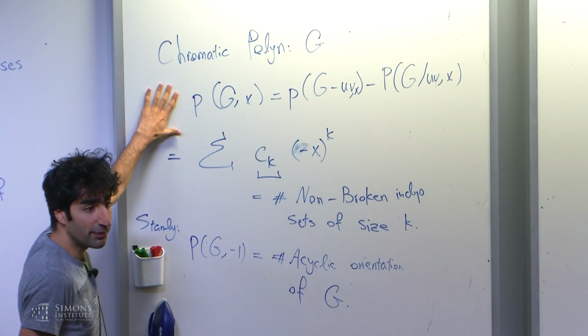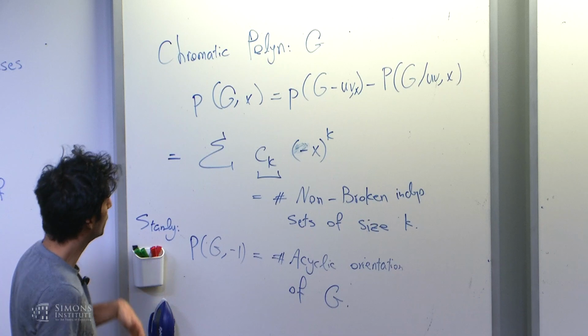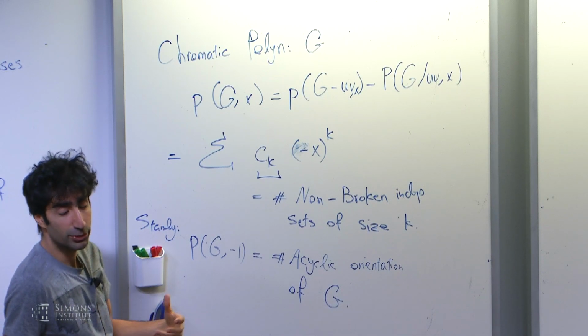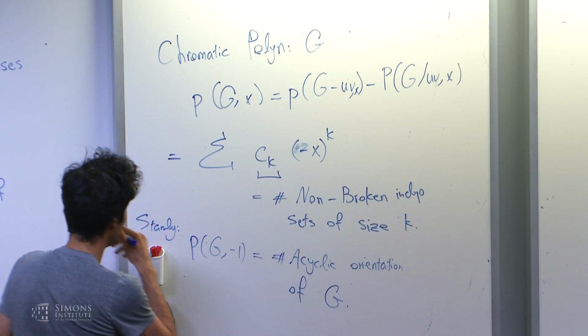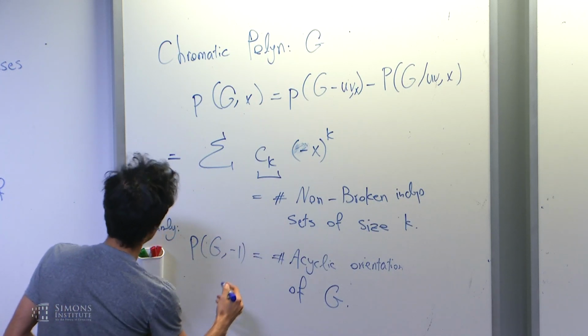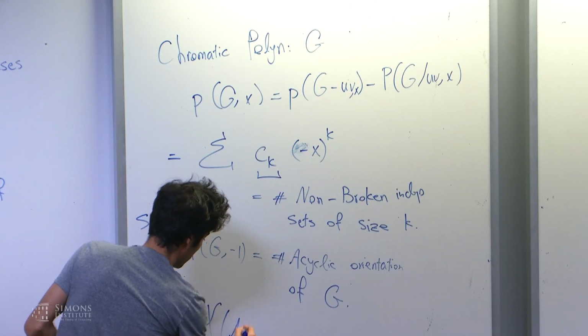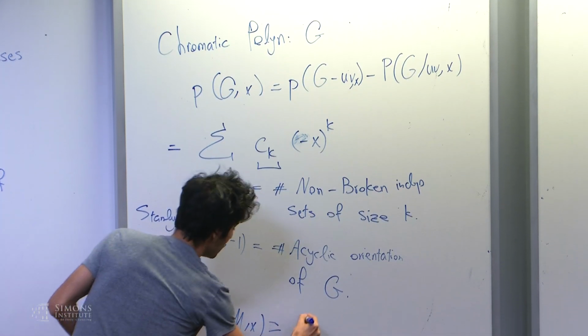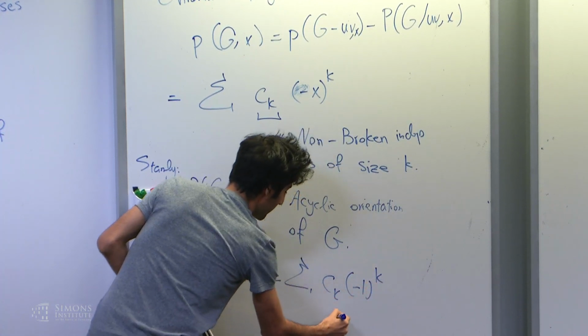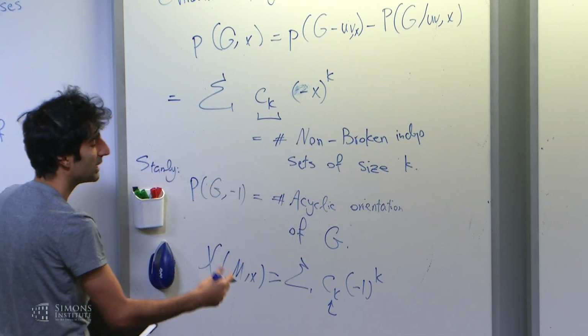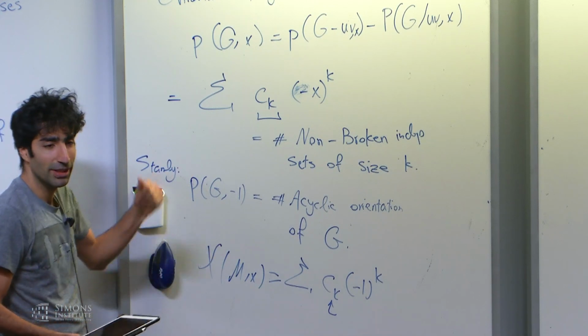So this is just for a graph. You can similarly define a characteristic polynomial of a matroid M. It's the same thing. It's a summation of c_k times minus 1 to the k. And again, this c_k is the number of non-broken independent sets of the matroid as opposed to the graph.